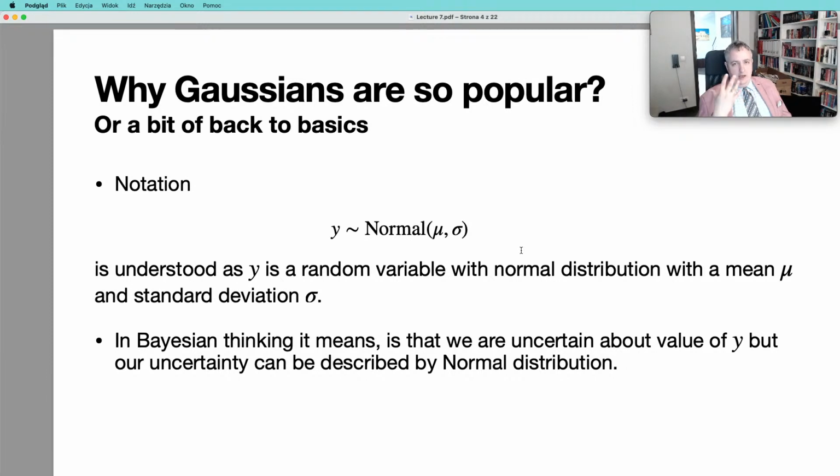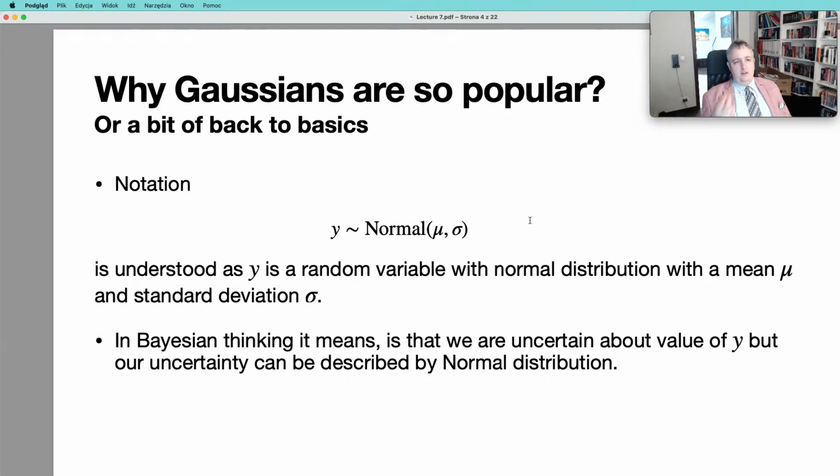And in the Bayesian context that we are covering during this course, we are uncertain about the actual value of y, but our uncertainty can be described by a normal distribution. So we know that our measurement process relates the underlying relationship in the form of a normal distribution. There is some kind of mean value, and there is some kind of uncertainty covering it that is described by the standard deviation.